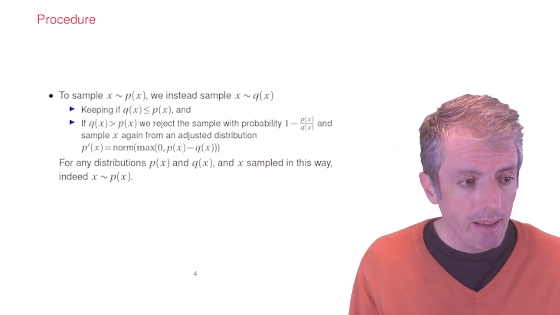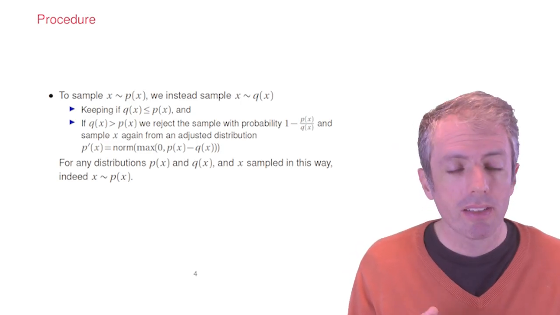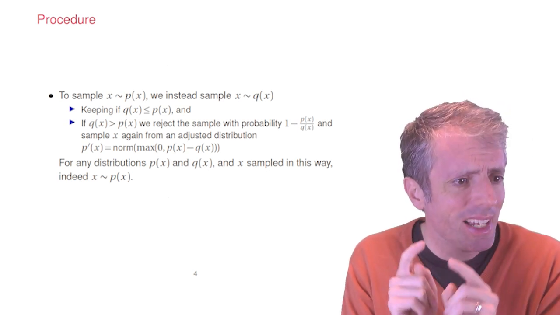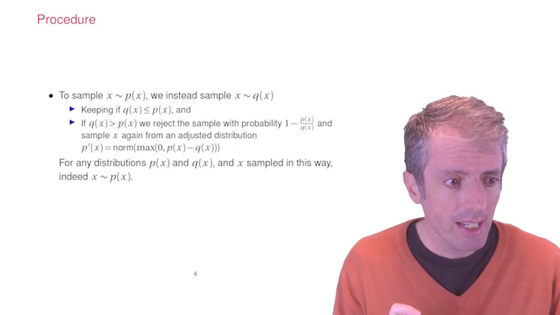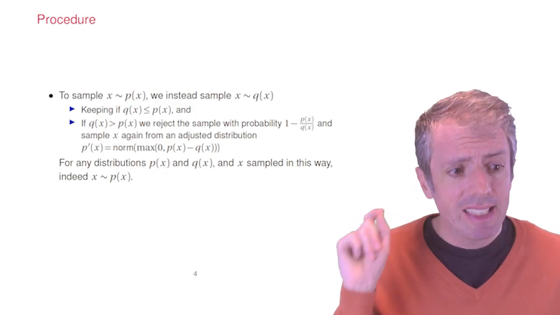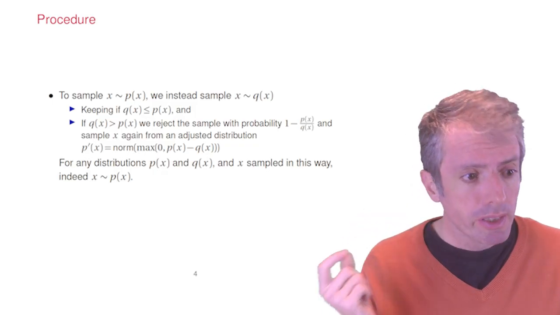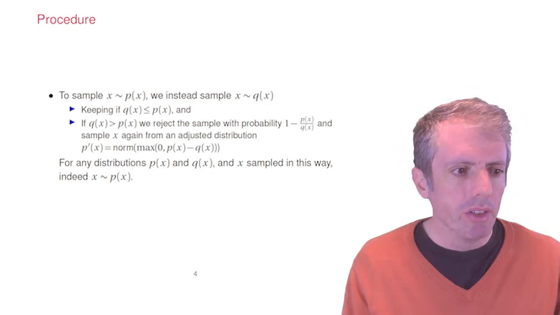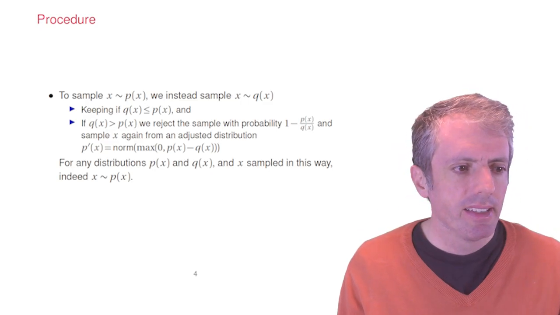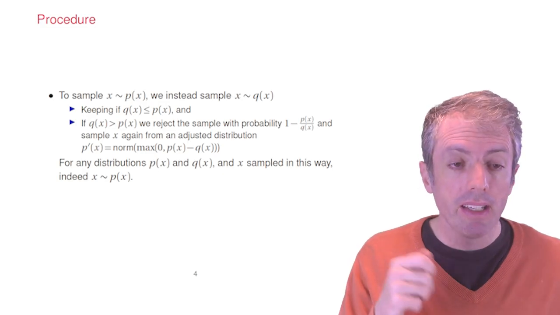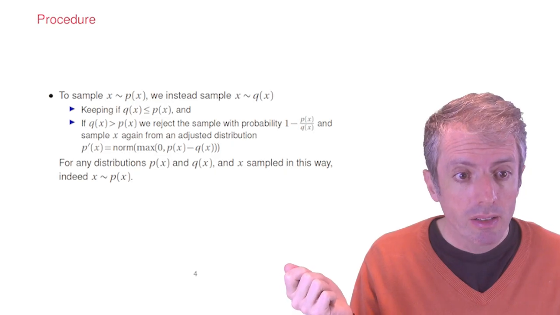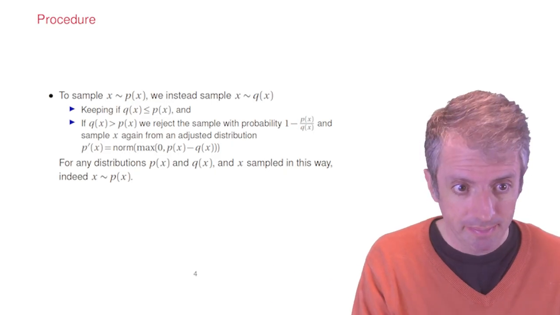The way that this is going to work in a little bit more detail is that we're going to sample x from p of x. That's what we want, but we're not going to do the sampling from p of x, our large model, directly. We're going to instead sample from q of x, where q is our simpler model. We now get a sample from q, and we keep it if the probability under q was the probability under p or less.